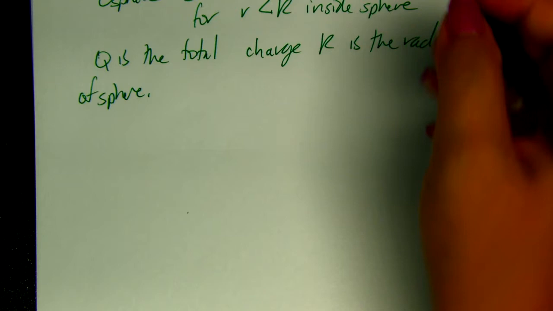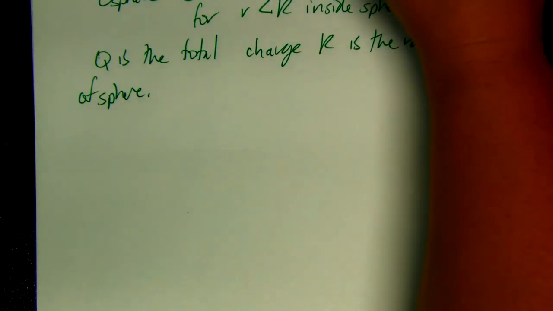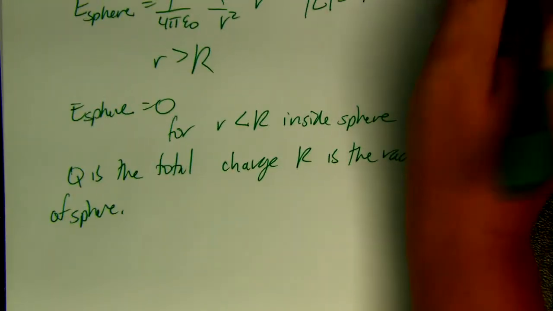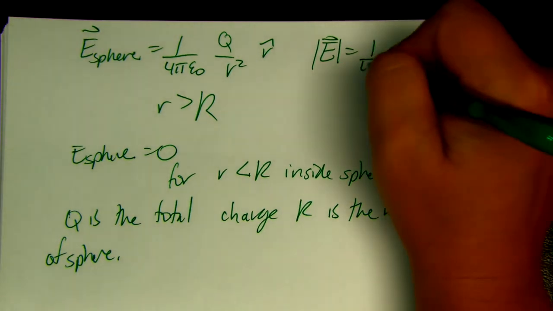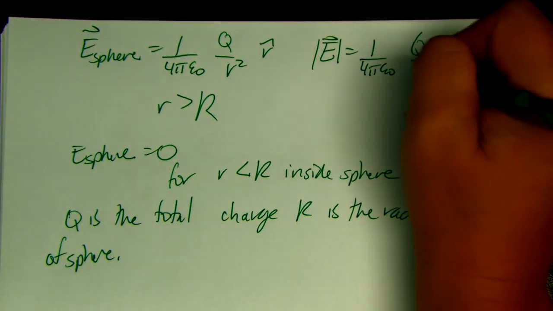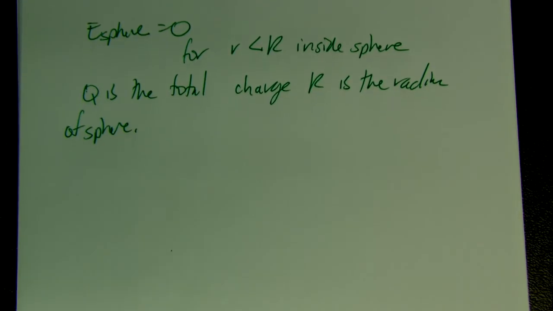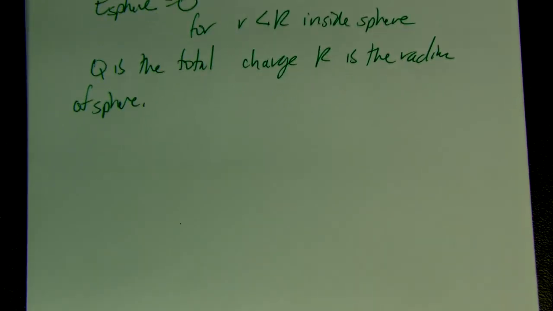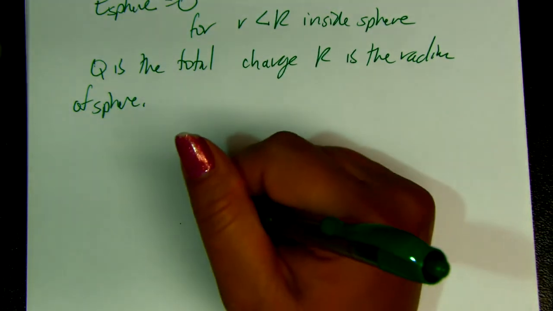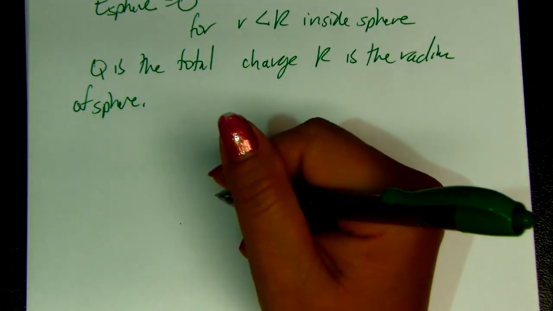Okay, and of course the magnitude would be 1 over 4 pi epsilon naught q over r squared. Okay, so it looks like a point charge, and it behaves like a point charge, which is the beauty of Coulomb's law, but let's go inside the sphere now.